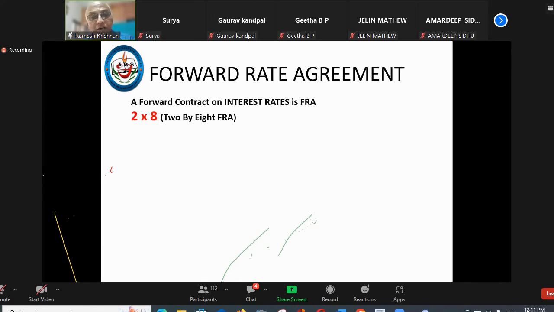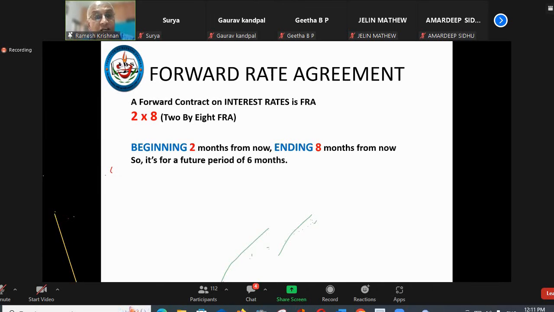So we are in October, so 2 months from now, November, December. December, you want the rate. Now itself, you are locking into that forward rate. So it is 2 months, and then it will run for 6 months. So that is why it is called 2/8. Beginning 2 months from now, ending 8 months from now, it is called a 2/8 FRA.